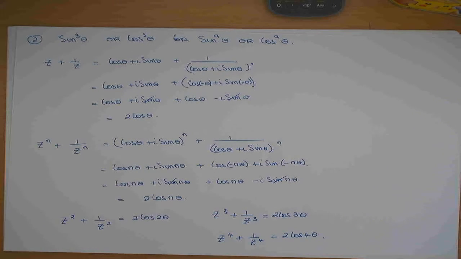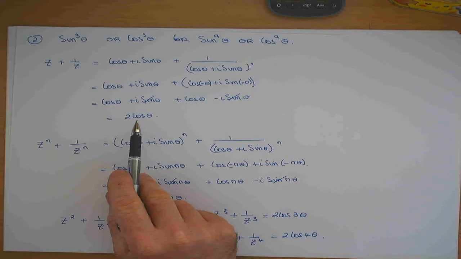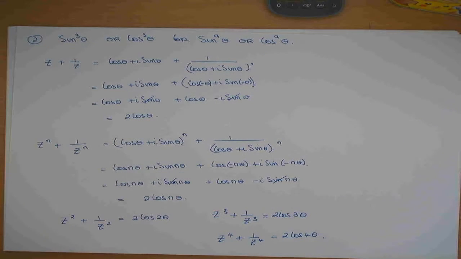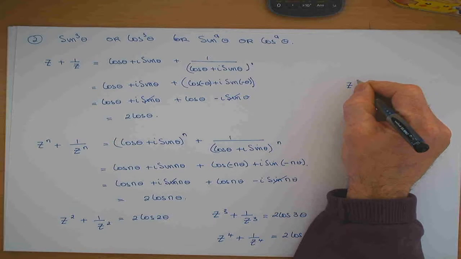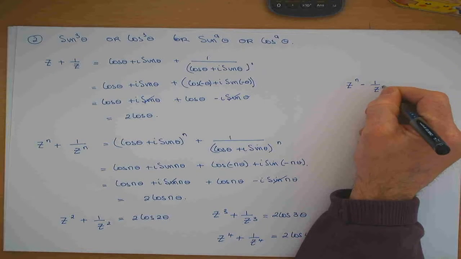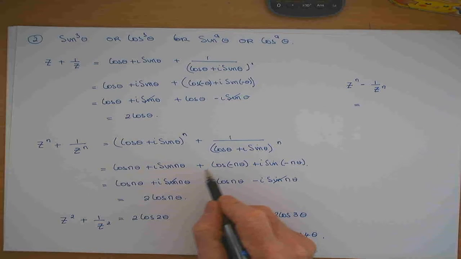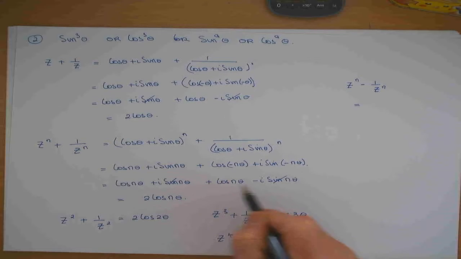You got that? So if I ever came across z plus 1 over z, what can I change it to? 2 cos theta. Z squared plus 1 over z squared? 2 cos 2 theta. Now from that, what would z to the n minus 1 over z to the n turn out to be? Well, if I was minusing this side, that'd be minus, and that'd turn plus.